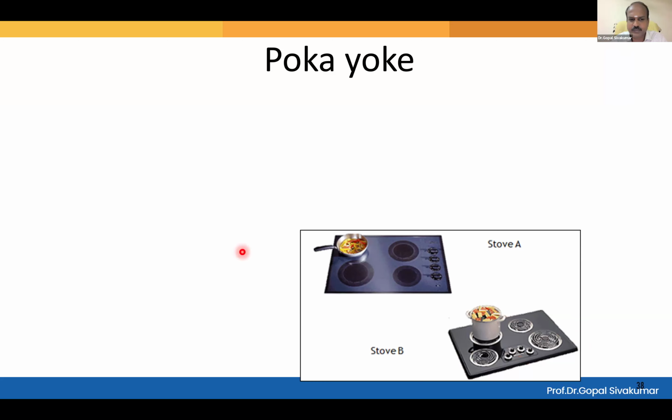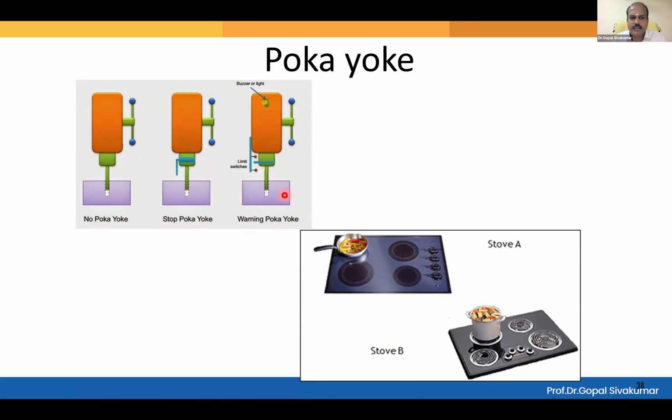That is the advantage. So here, the drilling machine, the drill bit can go beyond the specified depth because there is no prevention, nothing is stopping it, isn't it? Whereas here, a stopper is added. Now, whenever the driller goes beyond the specified depth, the stopper will not allow it. This is a kind of mistake proofing system, right?